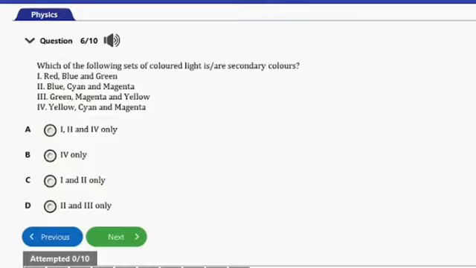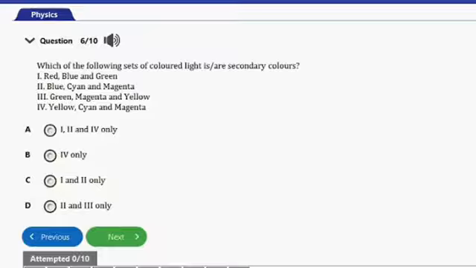So guys, you'll notice that out of all the options here, we will have at least one primary color in each apart from IV. So that's option B here. IV has no primary color. They are all secondary colors: yellow, cyan, and magenta.